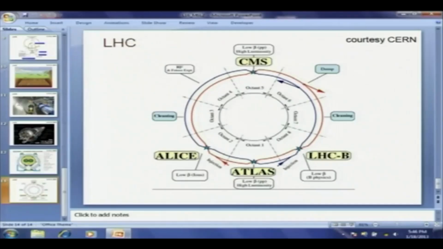These two are the general purpose experiments, detectors, which are designed to detect anything that is coming out of PP collisions in LHC experiments. There are a lot of things that we need to know about the detectors, and we will come to that in the next discussion.